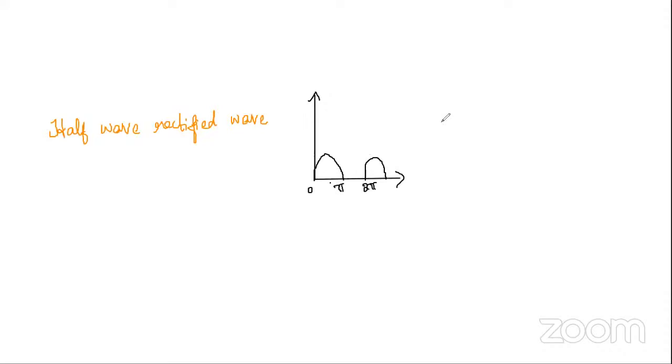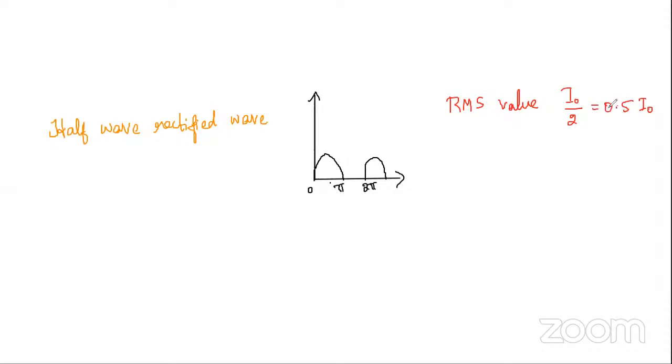Here, what is the RMS value? Here, the RMS value is given by I naught by 2, so that will give you 0.5 I naught.